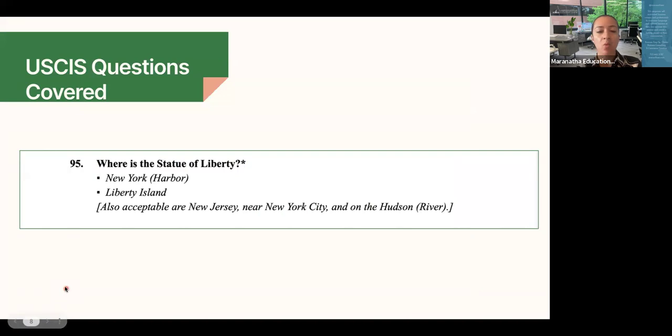You might be asked, question 95, where is the Statue of Liberty? You have different options or different ways to answer this question. You could say New York, New York Harbor, Liberty Island. You could also say New Jersey, near New York City, or the Hudson River.